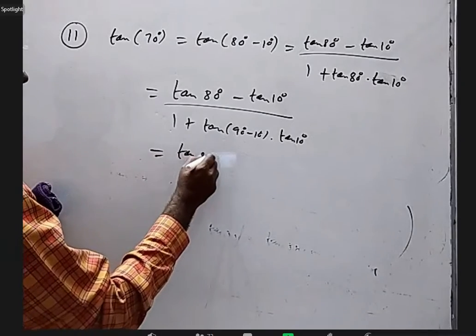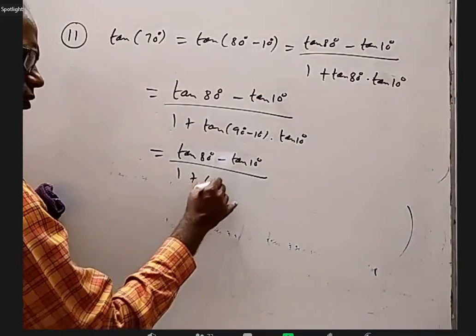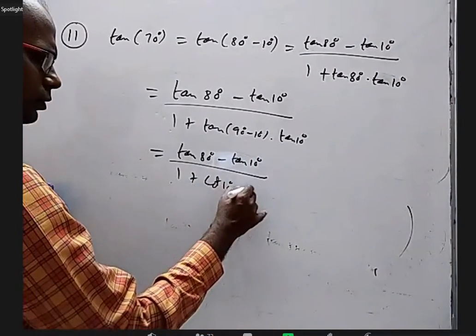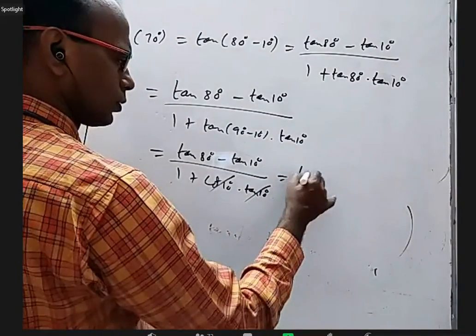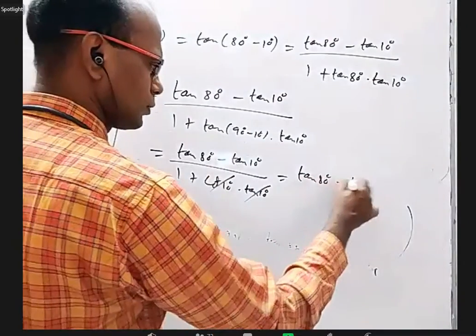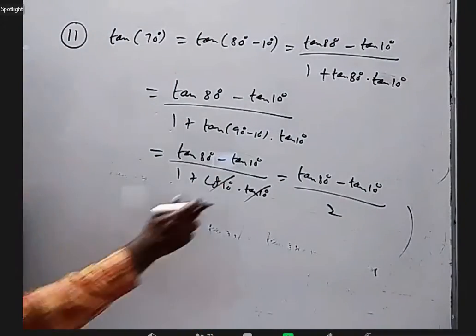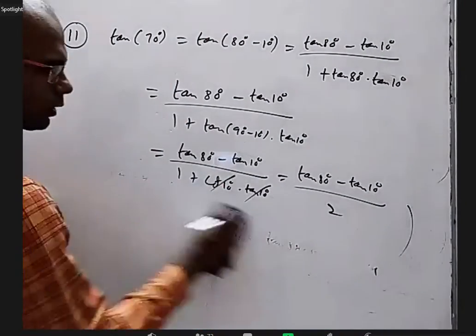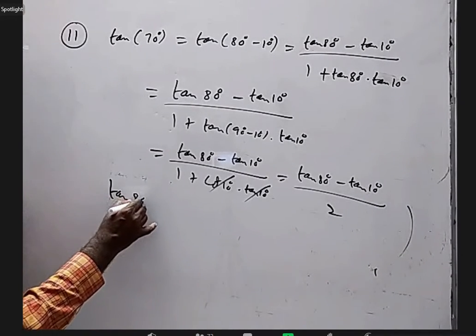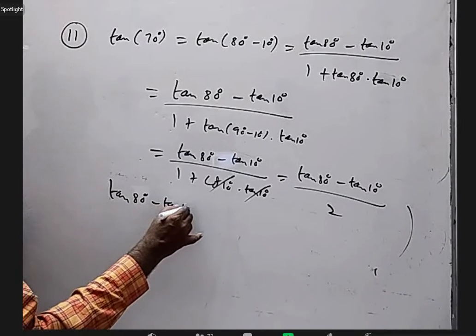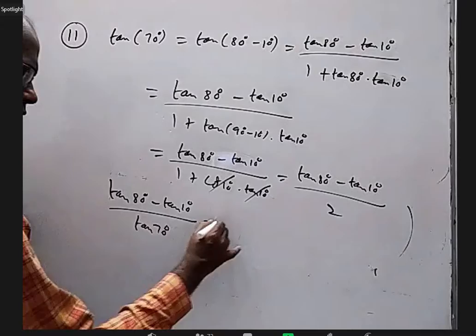That is tan 80 minus tan 10 degrees by 1 plus this is cot 10, this is tan 10 degrees. They'll cancel each other. So I'll get tan 80 minus tan 10 over 1 plus 1, which is 2. When you cancel, it doesn't mean nothing is left. 1 will be left. Bring this 2 here, this down. We will get tan 80 degrees minus tan 10 degrees by tan 70 degrees equal to 2.